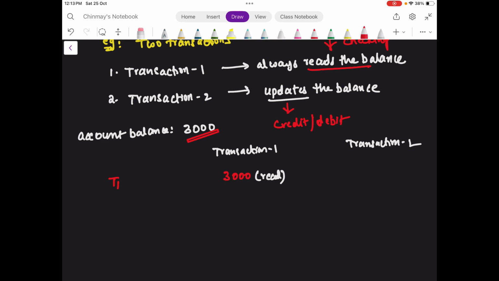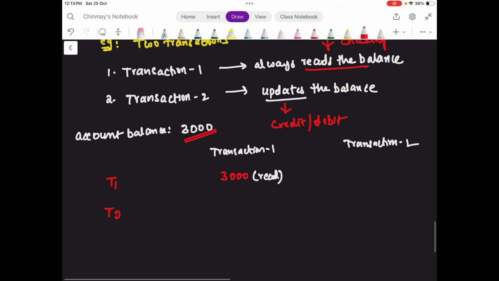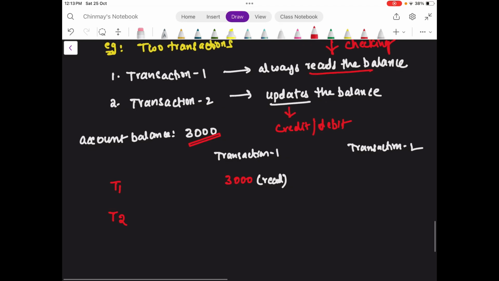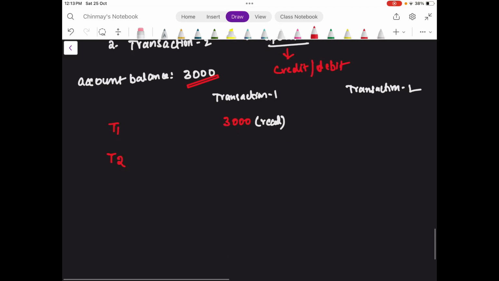Okay, at the time of T2, what will happen? This transaction debits the balance. Then the balance will be 2,000. Again at time T3, when the transaction checks the balance, it shows 2,000.